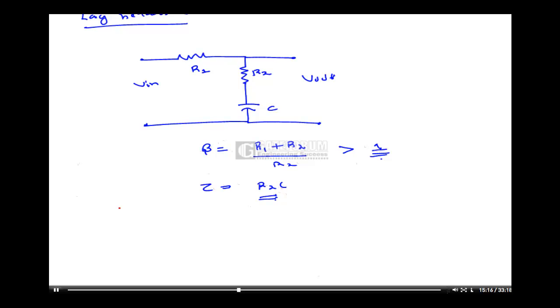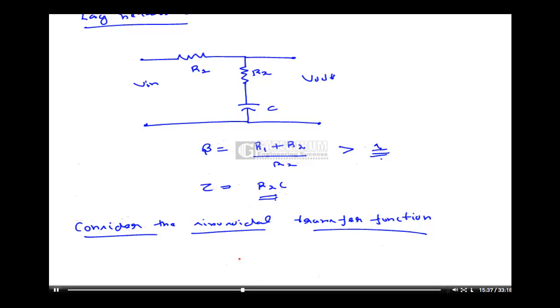Now looking for finding the phase, we have to consider the sinusoidal transfer function. When I say sinusoidal transfer function, it means that I am writing my transfer function only in terms of j omega.